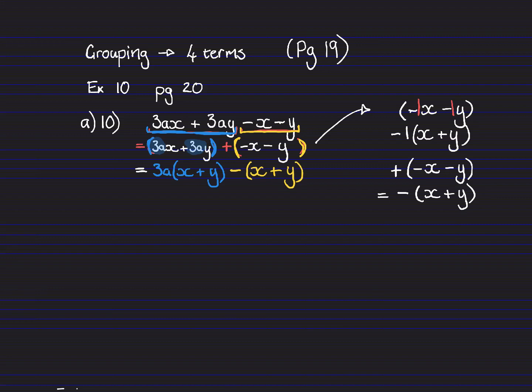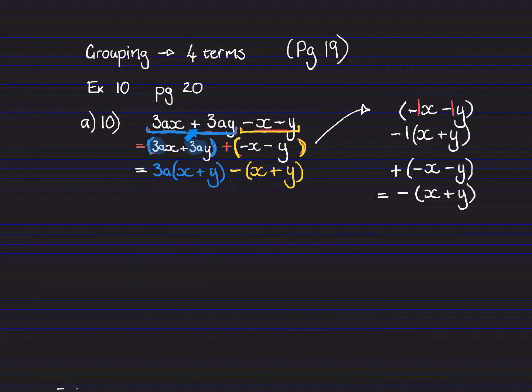Okay, so have I taken out all of the common factors in that first bracket? Yes. And in the second bracket? Yes. And I know it's going to work because I can now see that I've got brackets that are common: x plus y over there, and x plus y over there. I've made this blue and this yellow to emphasize the fact that I have two terms now.